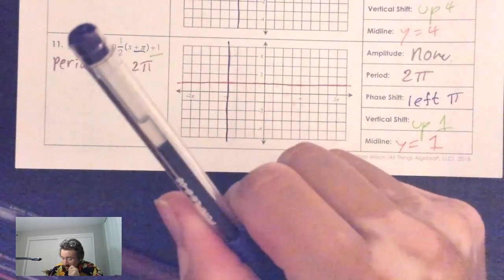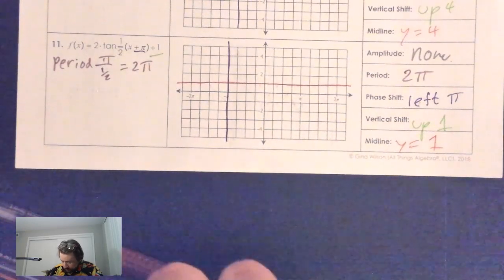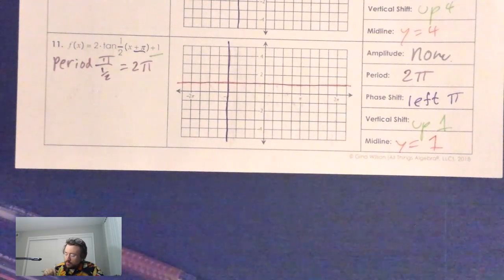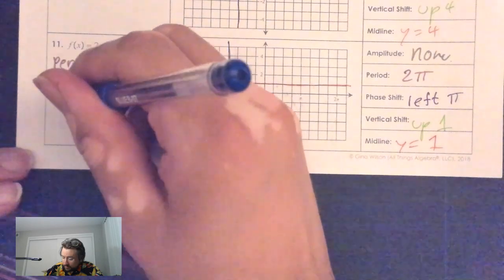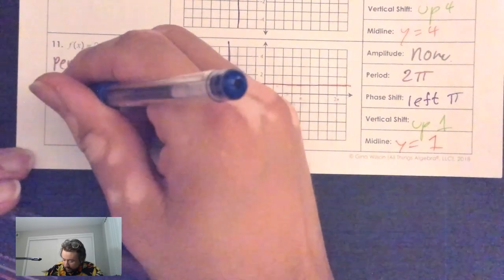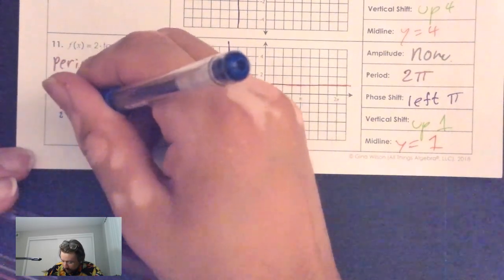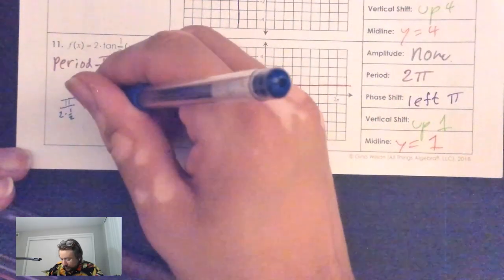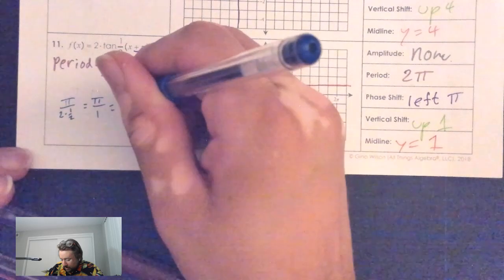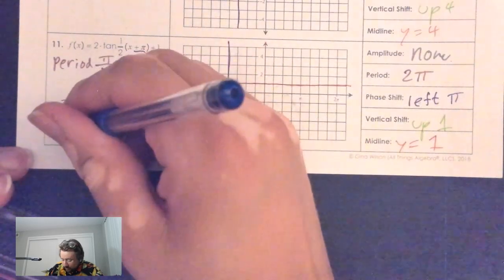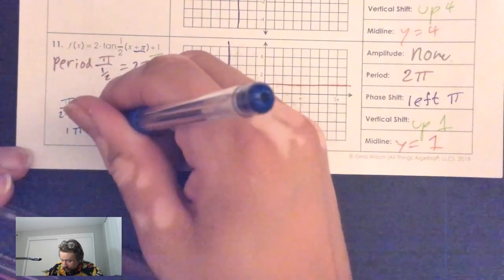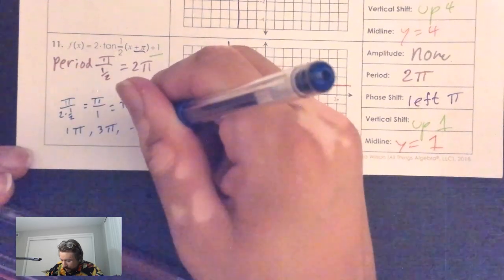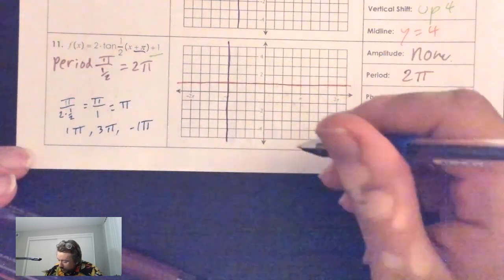And I can just find where my asymptotes are at, because it's the odd multiples of pi over 2b, so that's 2 times 1/2. So that's odd multiples of pi over 1, which is just pi. So that's going to be at 1 pi, 3 pi, negative 1 pi, and so on.